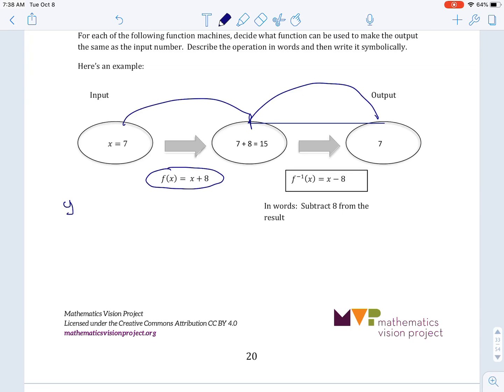So remember, for the time being, I'm going to write y equals x plus 8. And then to get the inverse, I switch x and y and solve for y. So x minus 8 equals y, but we're all more comfortable when y is on the left. There is the inverse function.